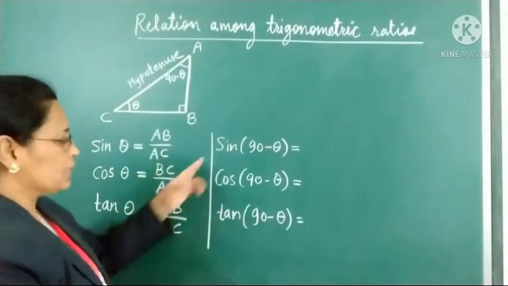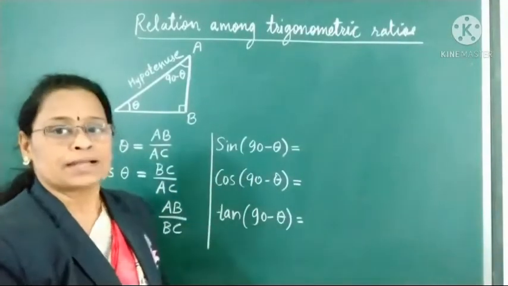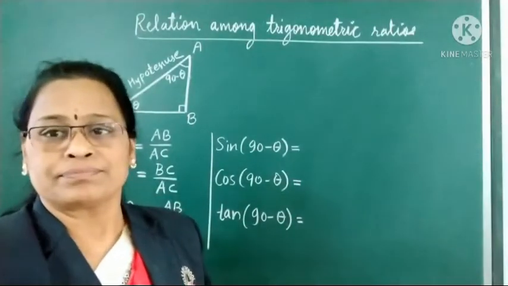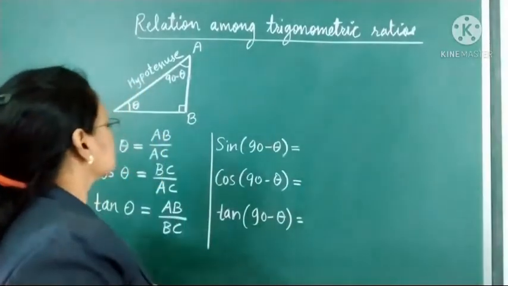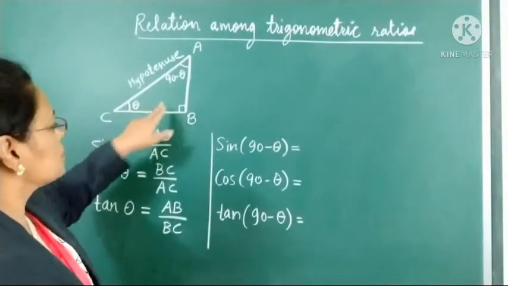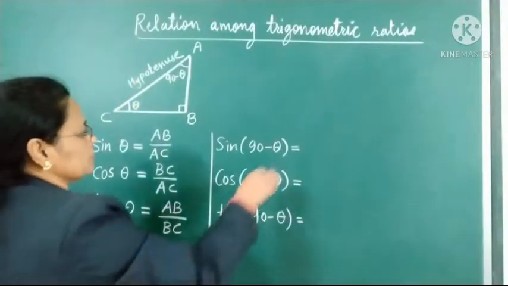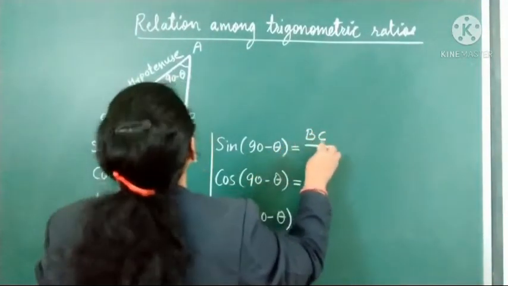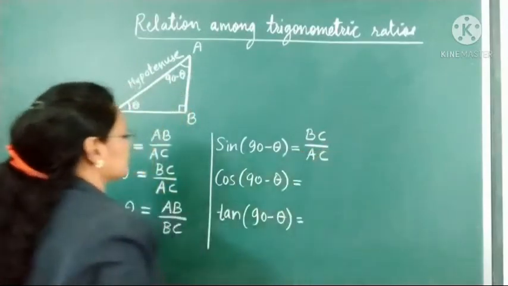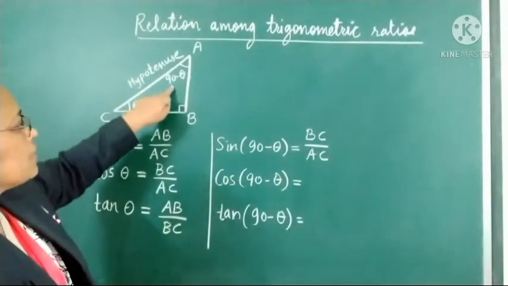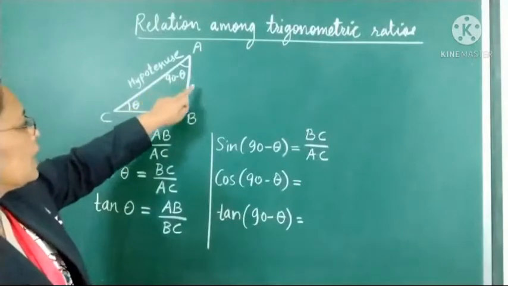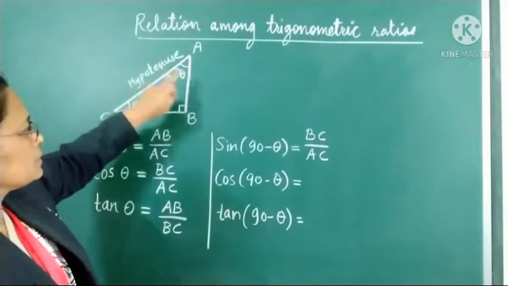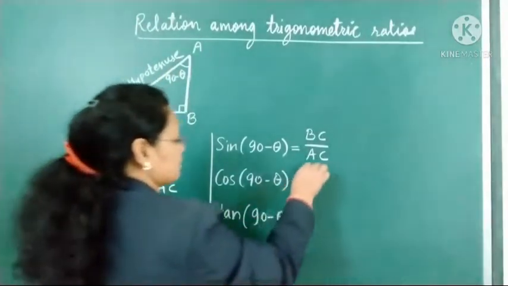Let's write the sin, cos, tan ratios for 90 minus theta. Sin 90 minus theta is opposite side to hypotenuse, that is BC is to hypotenuse AC. Cos of 90 minus theta is adjacent side to hypotenuse, AB is to AC.